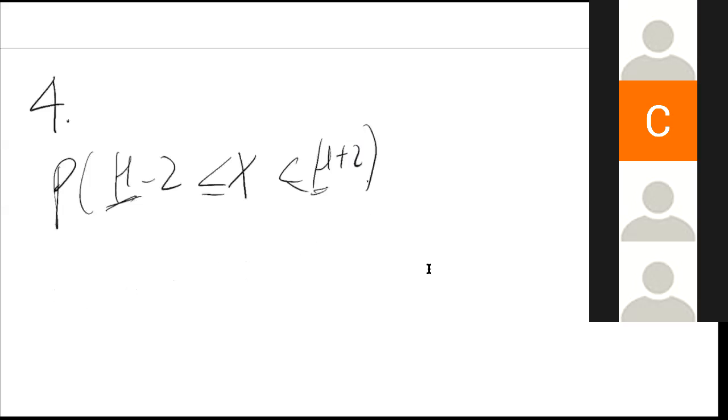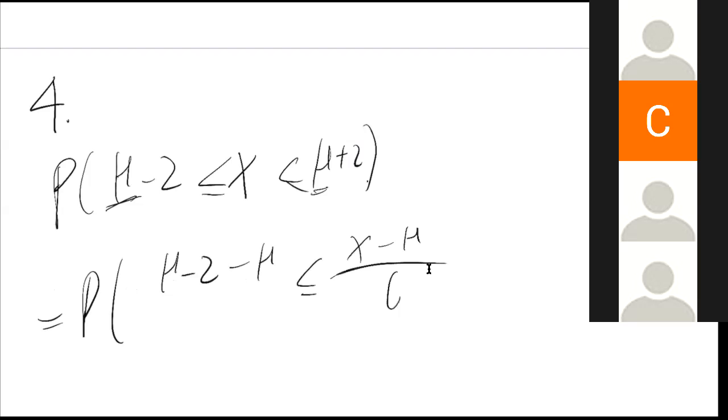But what we know is that if we do a transformation to the z-score, we can cancel this mean off. That's just this value minus the mean. Let me write the variable first. We're doing a transformation like that.